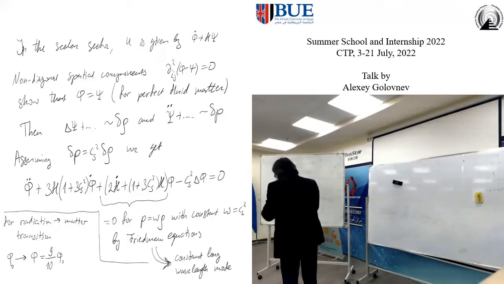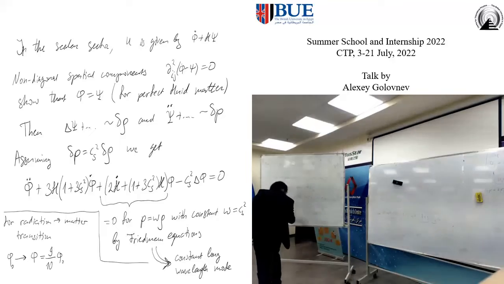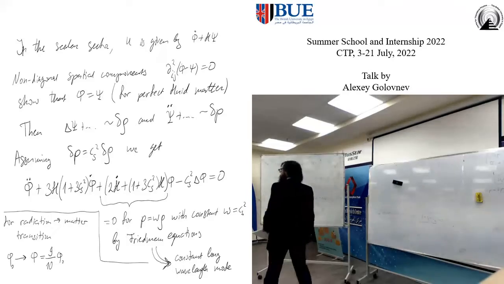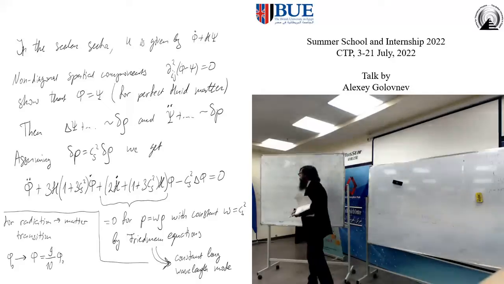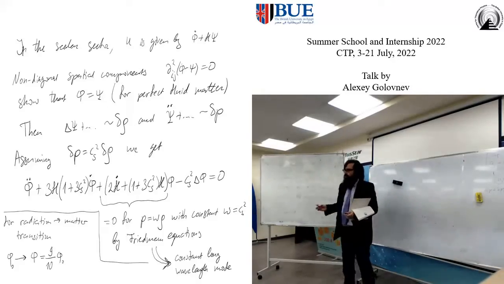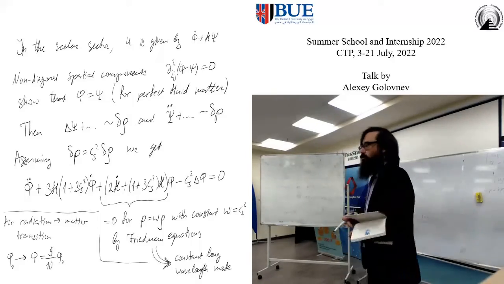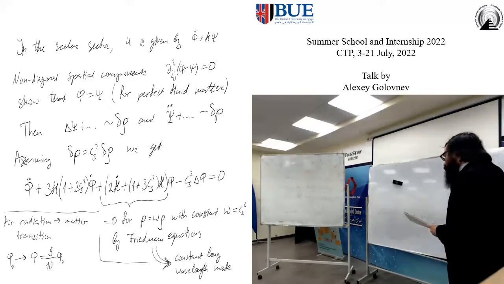Let's say that the perturbation of the pressure is some coefficient multiplied by the perturbation of energy density. The coefficient is of course the sound speed squared, not by chance, because it would indeed be the sound speed squared in the usual Minkowski space-time.